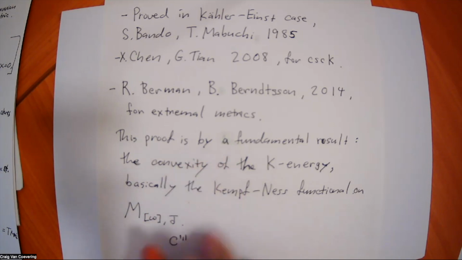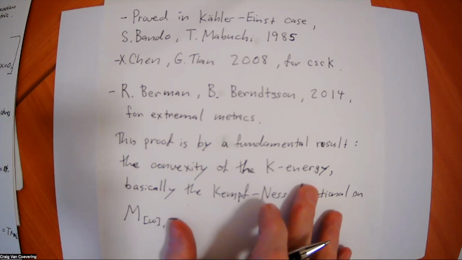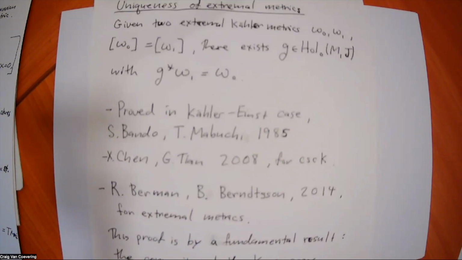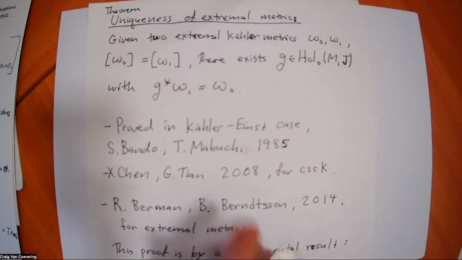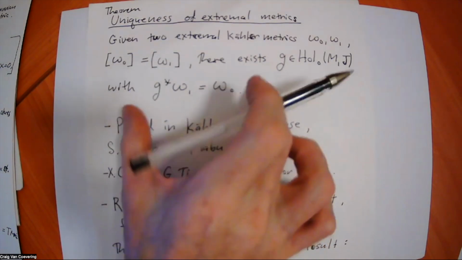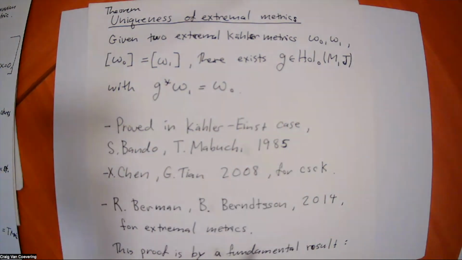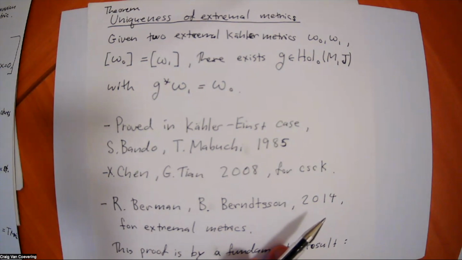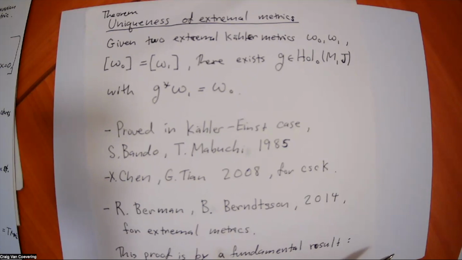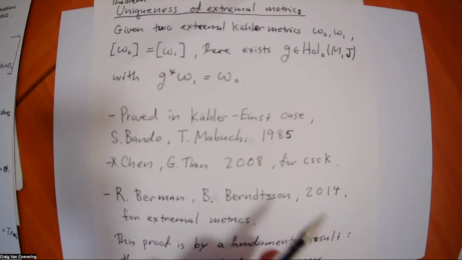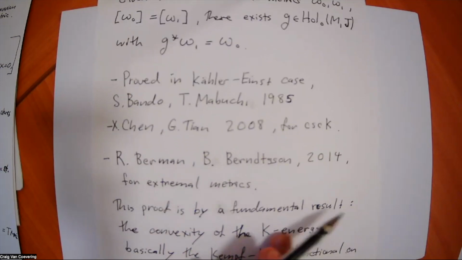But using the convexity, they're able to show that these two metrics are connected by a geodesic, and the constant scalar curvature metrics give a minimum of the K energy.